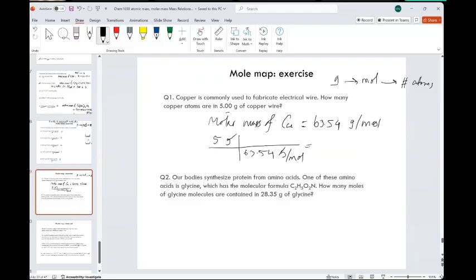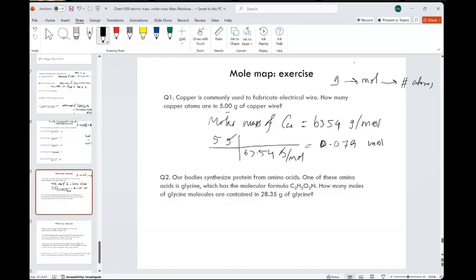So need to use calculator. So we got 0.079. Okay, so mole.